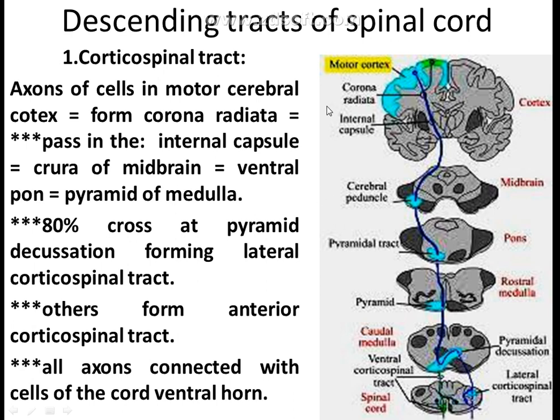And so these ascending and descending nerve fibers, the ascending are sensory, the descending are motor, need to be described in detail, and this is what will be discussed in the next lecture.